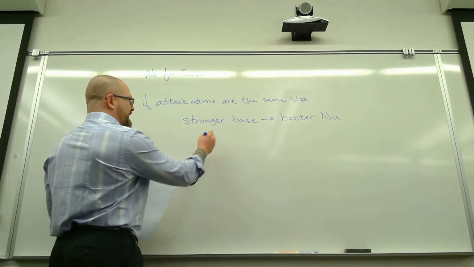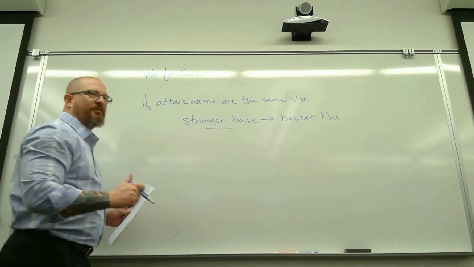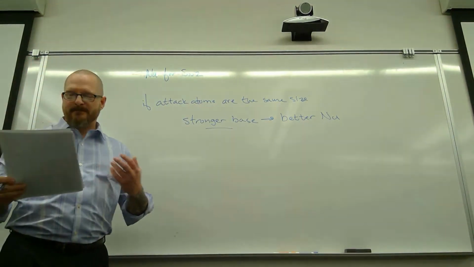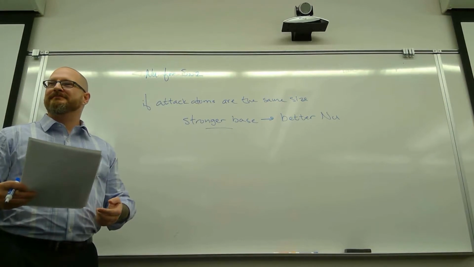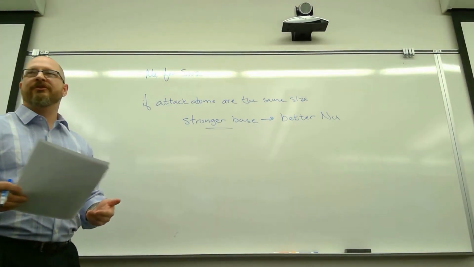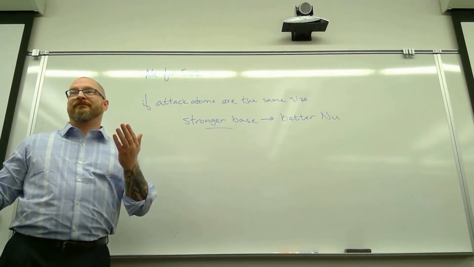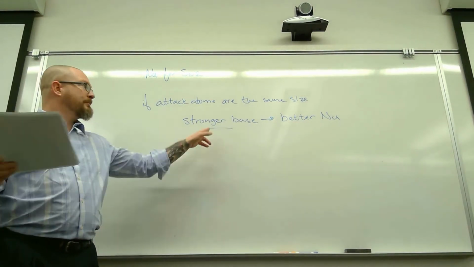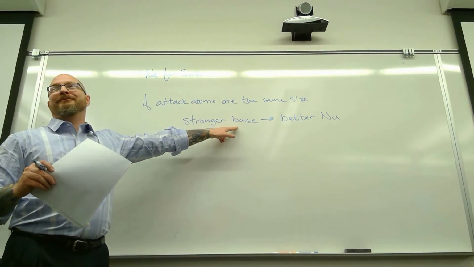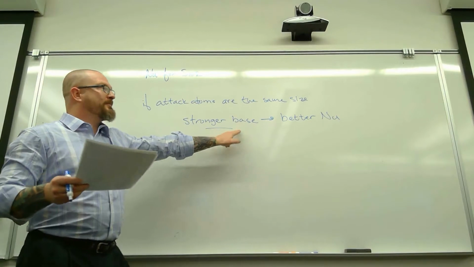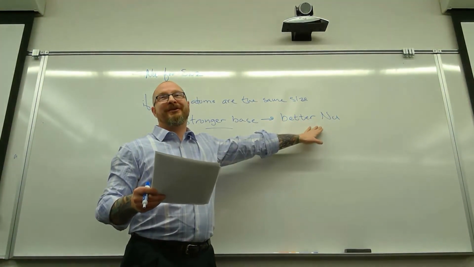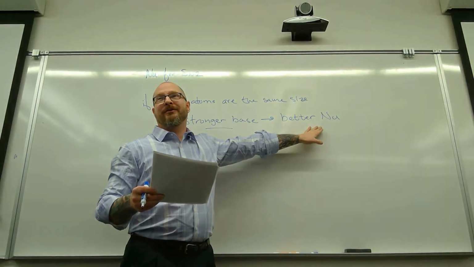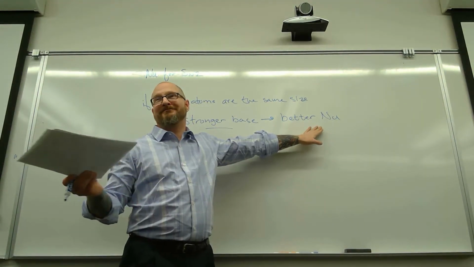Because what does a base measure? If something's a strong base, what does it want to do? It wants to share its electrons with hydrogen. And if something's a great nucleophile, it wants to share its electrons with an electrophile.